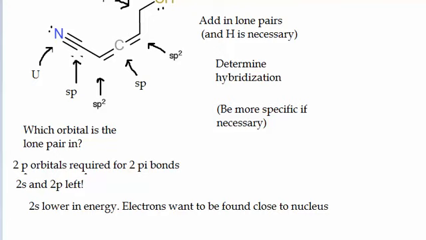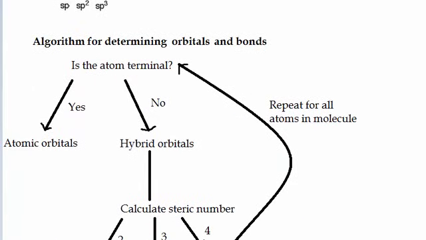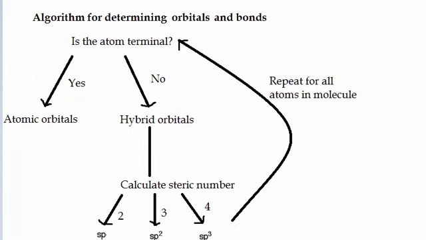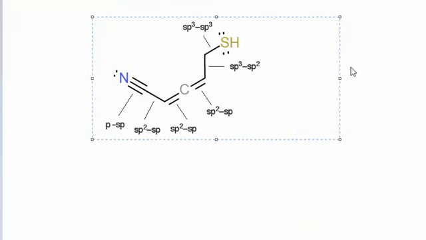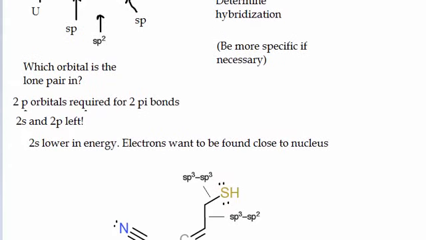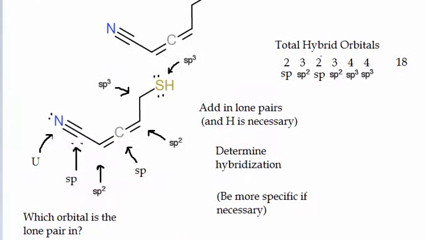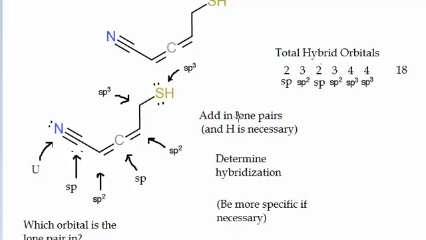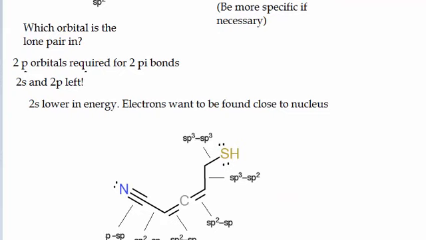Okay, and lastly, if you remember back to our algorithm, we want to determine what's going on with these sigma bonds. So remember, a bond consists upon the overlap of 2 different orbitals. So if you look at the hybridization you formed for each of these, the sigma bonds should consist of the overlap of each of these hybrid atomic orbitals.